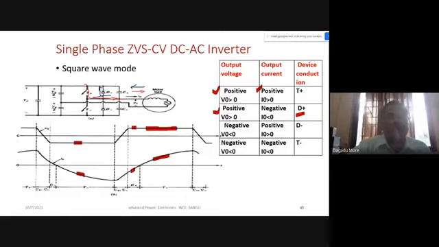So this will be our negative current. I will mark it here, and the path from this negative current has to flow through this T minus.